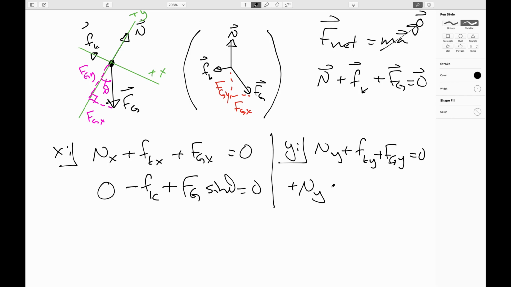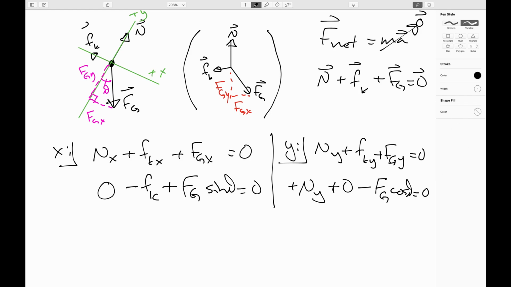So for the y component, we can just write plus 0. And then for FGY, okay, it's acting down-ish, so that gets us a minus sign. I need this piece here, which is the adjacent, so SOHCAHTOA. It's going to be cosine, adjacent over FG, my hypotenuse. So that will give me minus FG cosine theta equals 0.